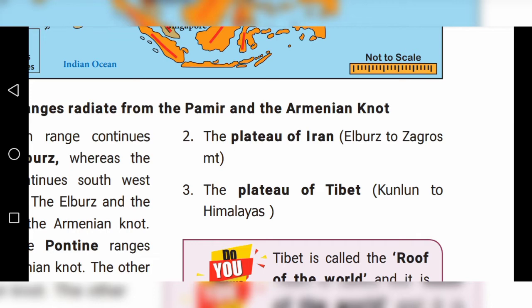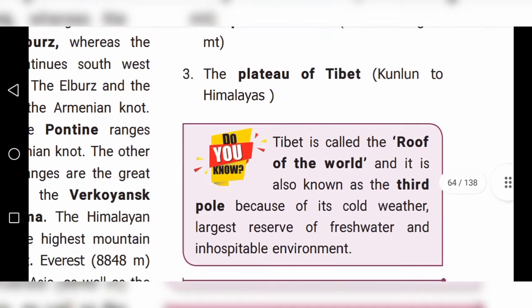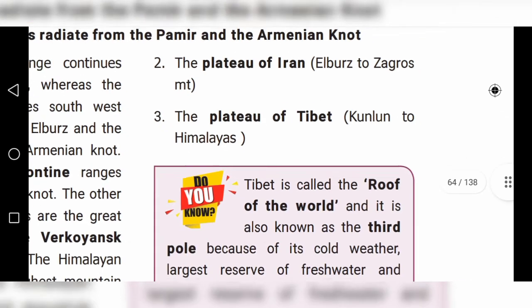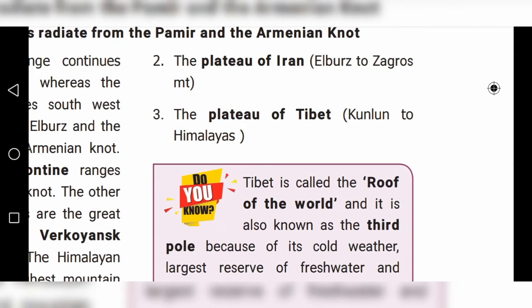People can live in those places also, that is called a plateau. So there are three plateaus present. Okay, so this name we have also heard many times. Tibet is called the roof of the world, and it is also known as the third pole.